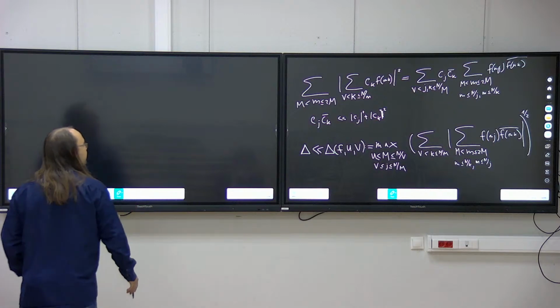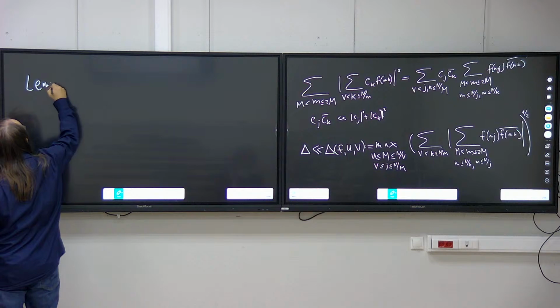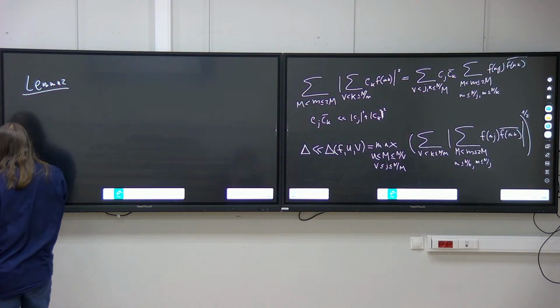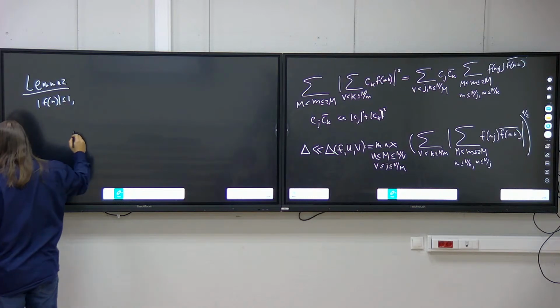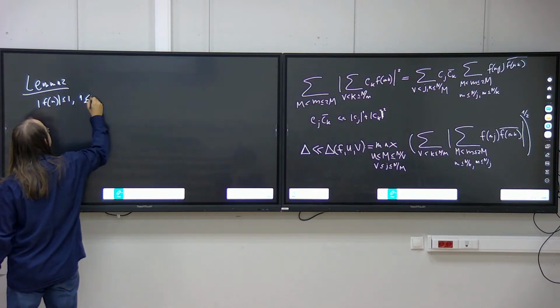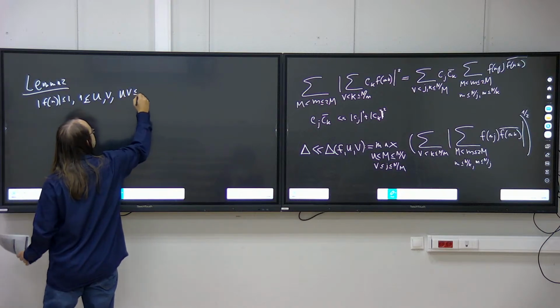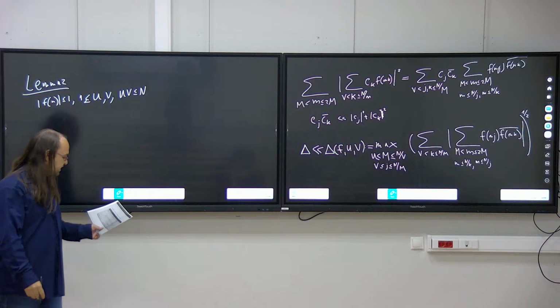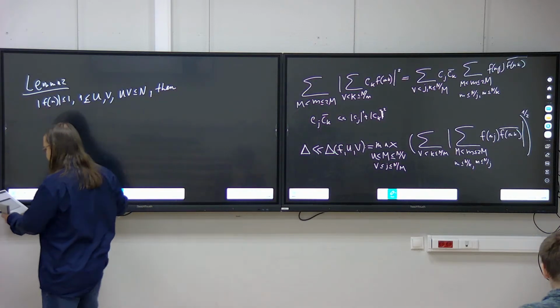Okay, so let me formulate the estimate we've got. This will be Lemma 2. Lemma 2 is as follows. So if f of n is at most 1, 1 is at most U at most V, UV is at most N, then we get the following.